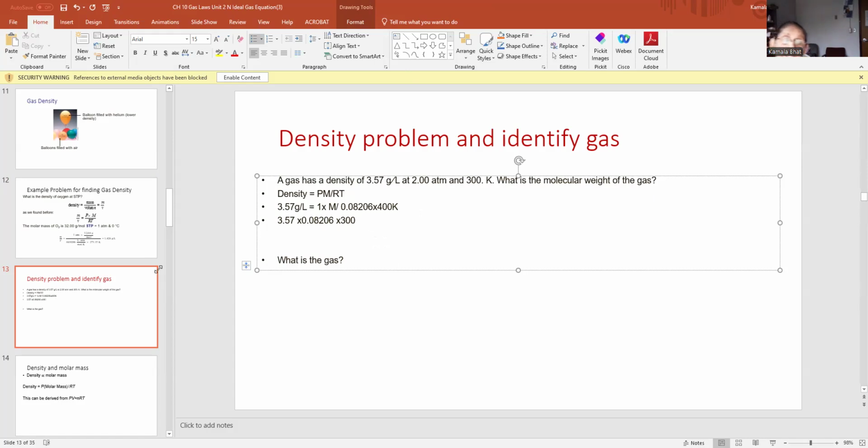We can calculate this number and see what the answer will be. I'm going to leave it for you to do. And then, once you get the molar mass, look at the periodic table, remembering that many of the gases are diatomic, and therefore you can find out what gas it would be.